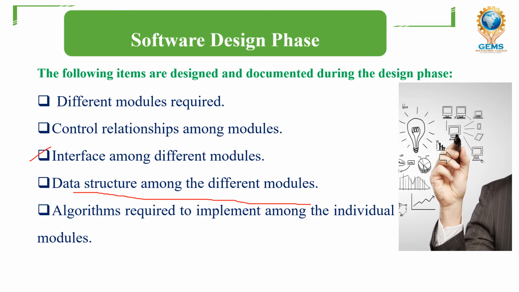And the last, algorithm required to implement the individual modules. So algorithm also plays an important role, and that is also implemented in the individual modules. So these are the points which come under software design phase. So these are the design items that are required during the design phase.